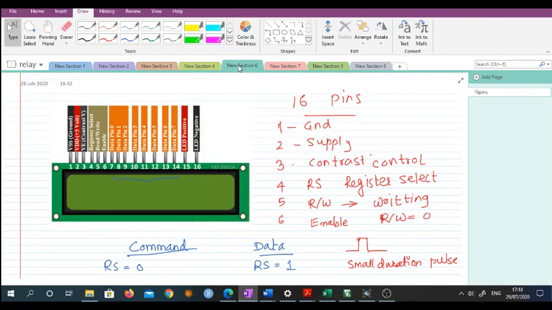This is the pin diagram. There are a total of 16 pins. Pins D0 to D7 are very important pins. I forgot to mention, D0 to D7 are called the data pins. On these 8 data lines, we are providing data. And there are 2 more lines, LED positive and LED negative.